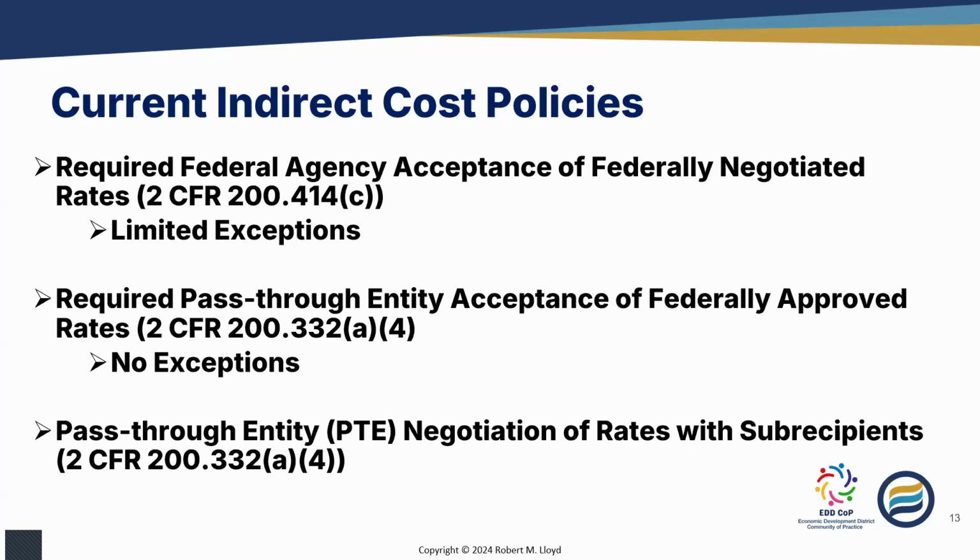So if an RDO obtains a negotiated rate from a federal agency and then presents that in their grant application, and even more importantly, in their financial reporting, the pass-through entity must recognize that. And OMB has made a big deal out of the fact that whenever they say must in the uniform guidance, that means it's mandatory.